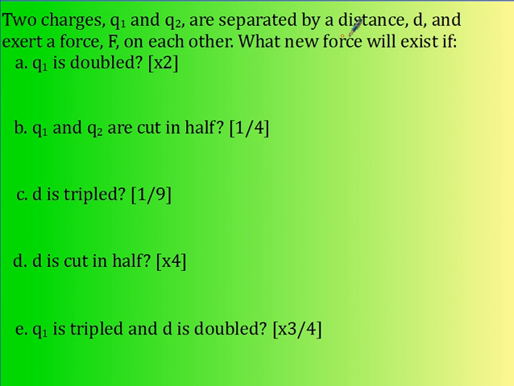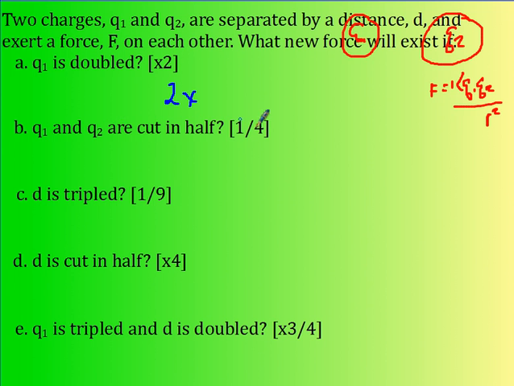So suppose you have a standard where you have Q1 and Q2 and they're separated by a distance d, and there's a force associated with it. What new force occurs if Q2 is doubled? Remember, F is K Q1 Q2 over R squared. So if I were to double Q2, I would wind up doubling the force.